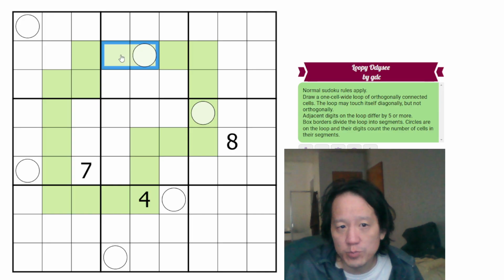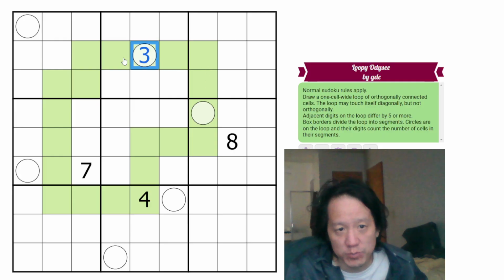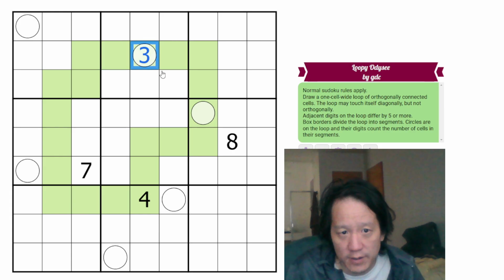It's on the loop, and it counts how many cells are in its segment. So this would have to be 3 because this would be 1, 2, and 3, right? And the box borders divide the loop into segments. So this is a segment, this is a segment, this is a segment, this is a segment, this is a segment, this is a segment.